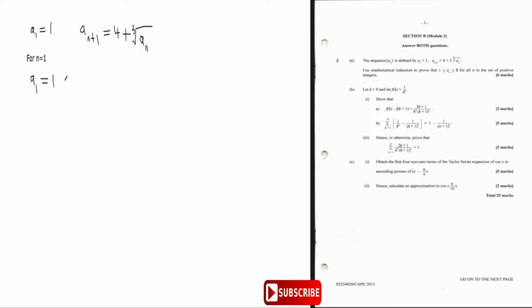Since a1 is equal to 1, it implies that a1 is between 1 and 8, and so therefore n equal 1 is true.